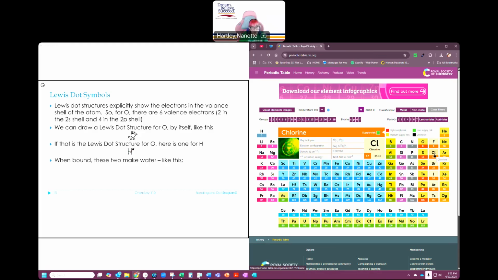So if I wanted to make a water molecule, I have an oxygen and I need 2 hydrogens. So we're going to have the oxygen in the middle and 2 hydrogens around it. We'll draw our oxygen just like we did before.